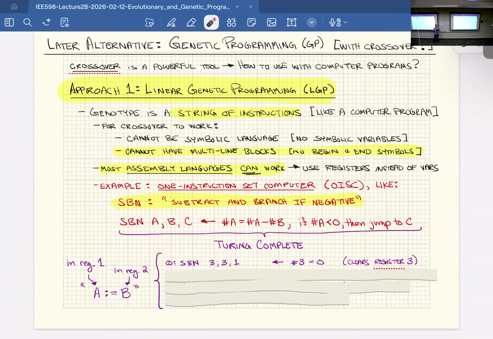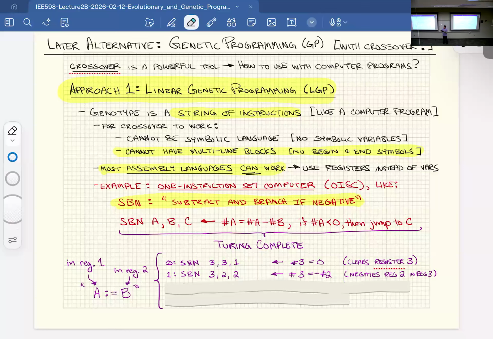So I've got a machine that's got at least 3 registers. What I'm saying here is take the contents of register 3 and set it equal to the contents of register 3 minus the contents of register 3. That just sets the contents of register 3 equal to 0. It clears register 3. After I do that, then I do SBN 3 2 2.